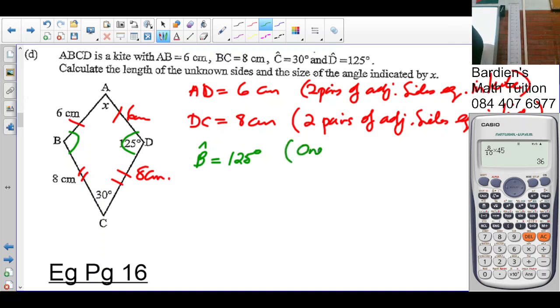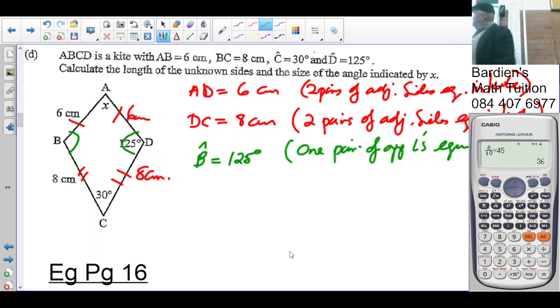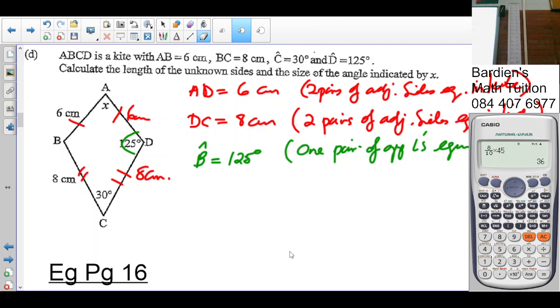One pair of opposite angles are equal. So your 125 lies here now. Now what can be done?